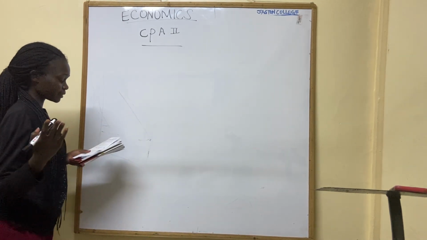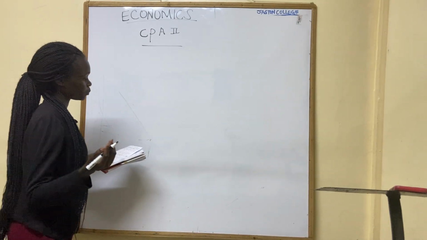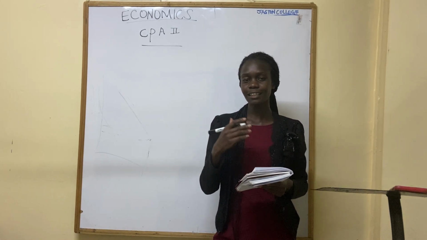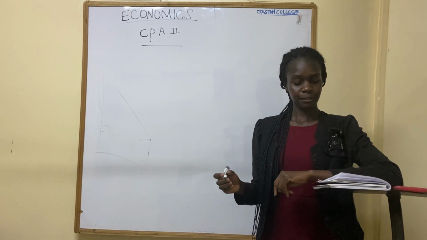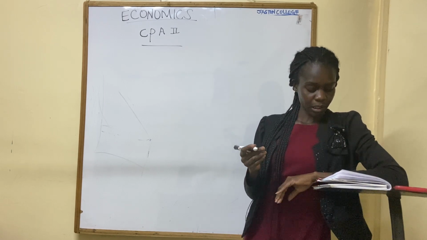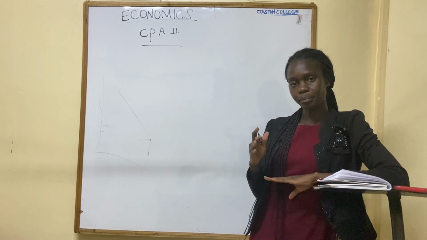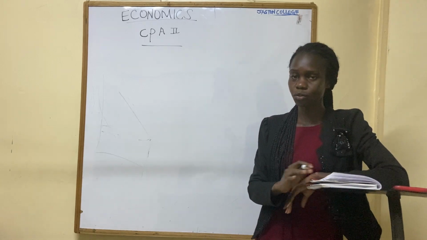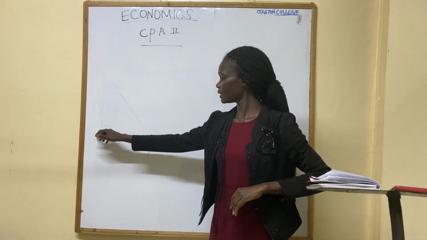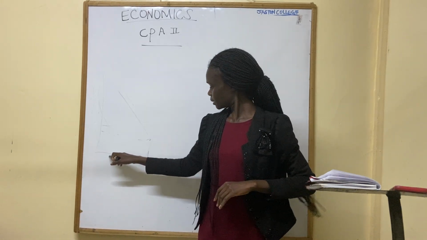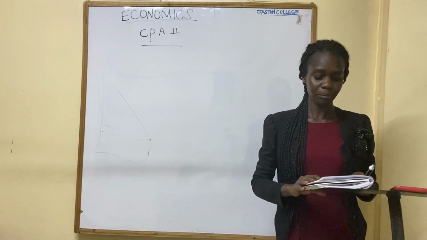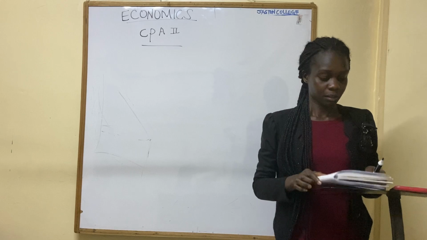For example, when income rises, the demand rises more than the income, or when income falls, the demand falls by more than the income. So those are the types of income elasticity and their explanation.